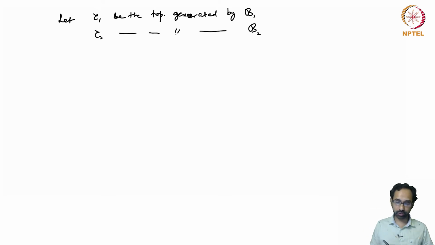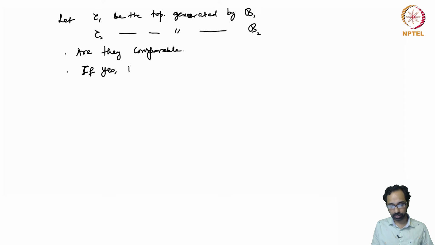So we have now two topologies, and the question arises, first of all, whether they are comparable, and if they are comparable, is tau 1 finer than tau 2 or coarser.